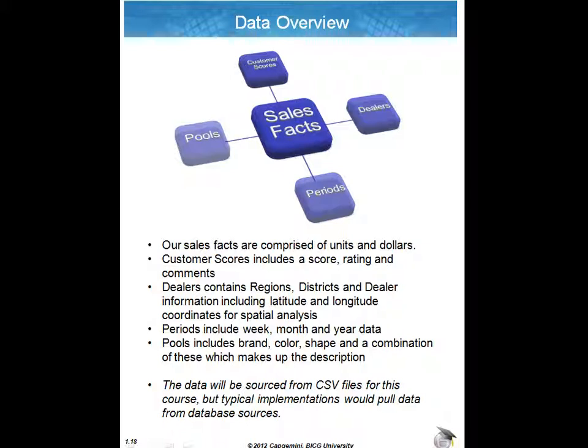Periods of time would include week, month, and year. And our pools include the brand, the color, and shape, and a combination of those which makes up an individual pool description. For instruction, we'll be using CSV files to source our data, but in your typical implementation you would pull data from a database source.